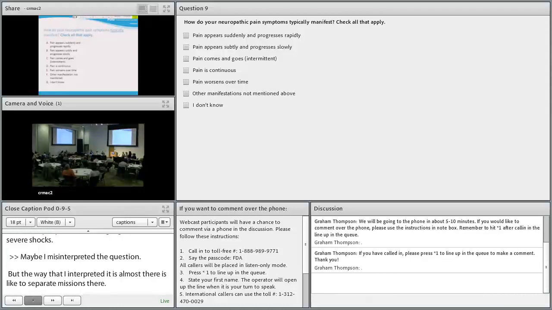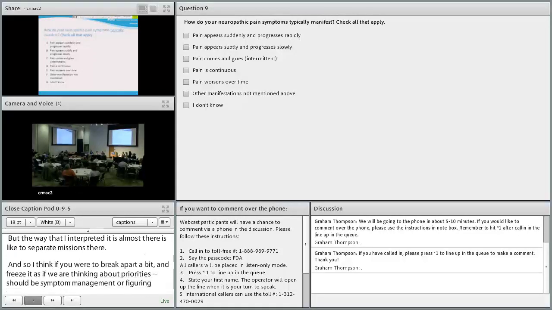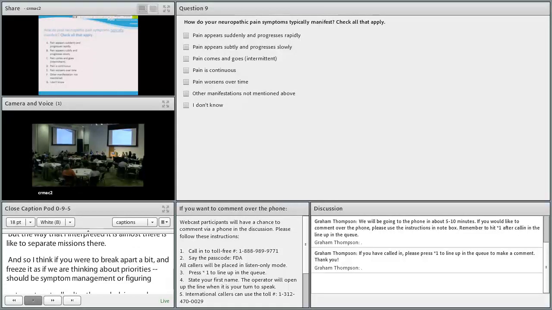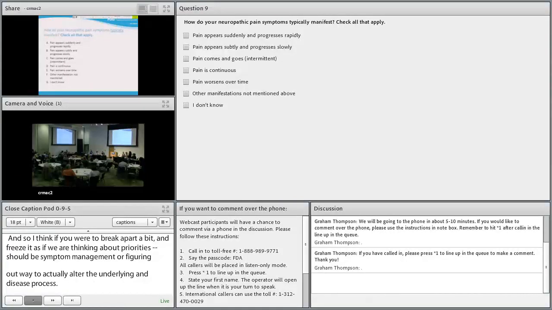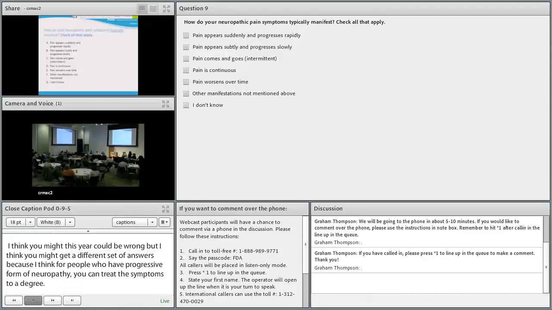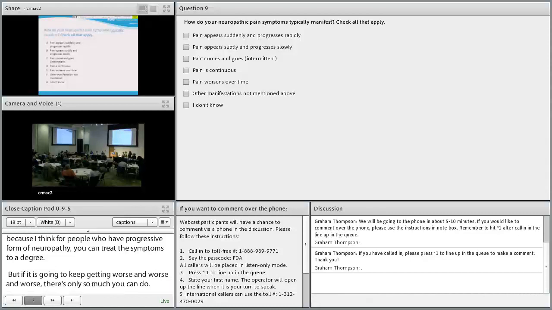I think you might get a different set of answers, because for people who have a progressive form of neuropathy, you can treat the symptoms to a degree, but if it's going to keep getting worse and worse, there's only so much you can do. So speaking from my point of view, if you were to phrase the question that way, I would personally say unequivocally that modifying the disease process would be my priority.